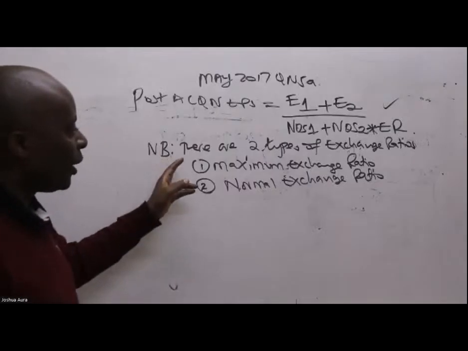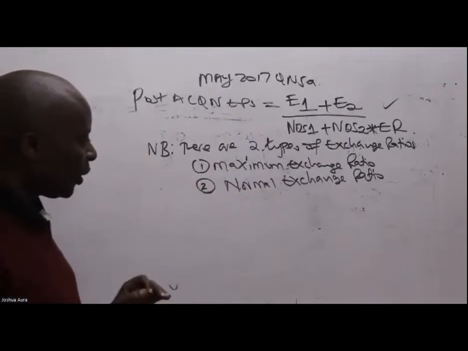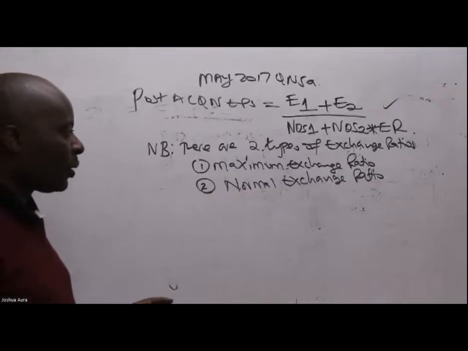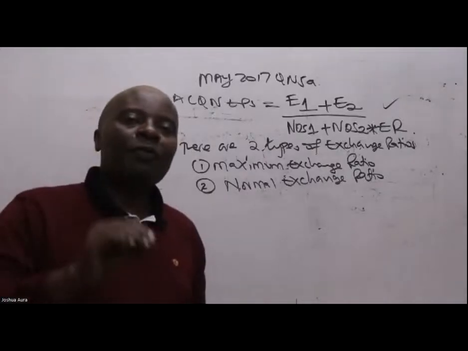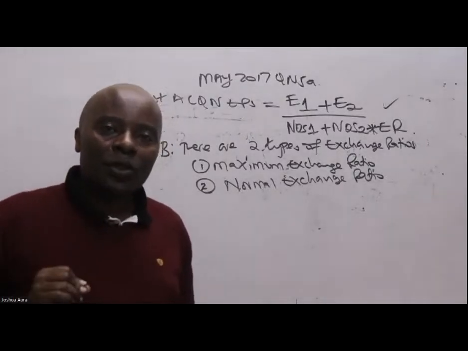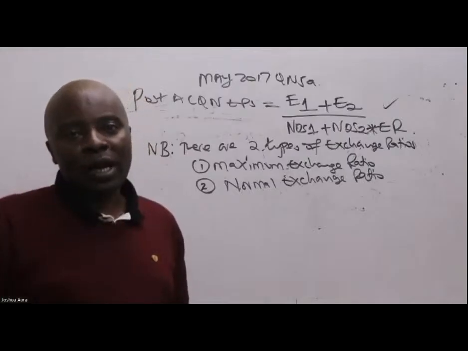Great. So there are 2 types of exchange ratios. Number 1, we have maximum exchange ratio, and number 2, we have the normal exchange ratio. If the examiner specifically asks you to calculate maximum exchange ratio, there is a formula that I've always wanted you to cram.